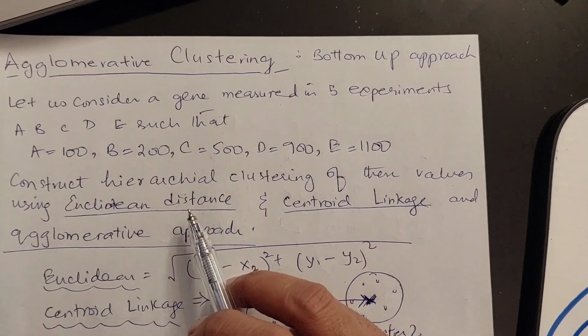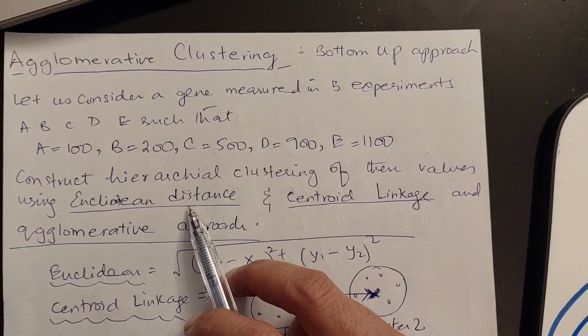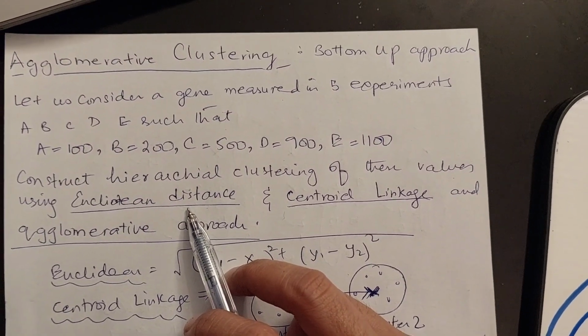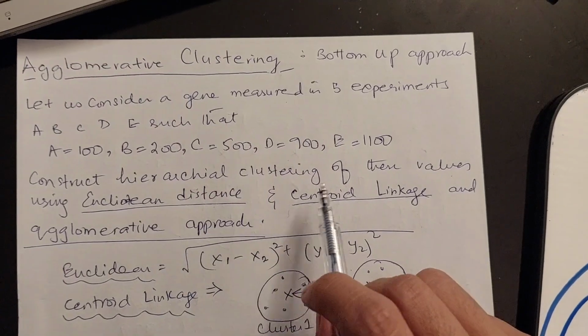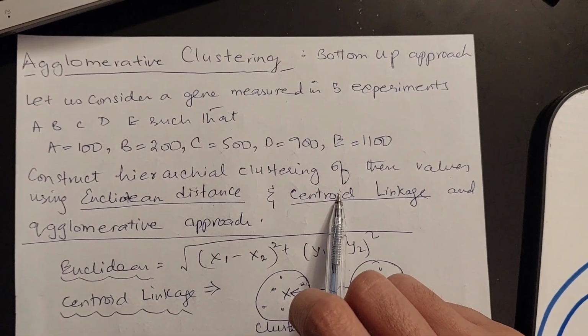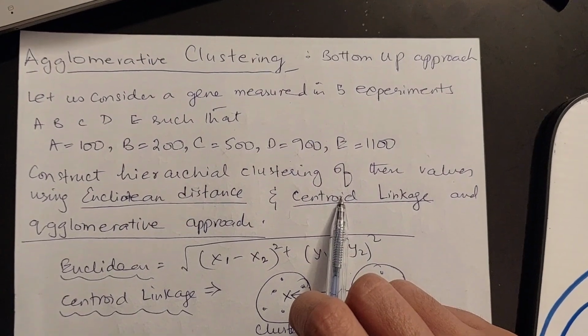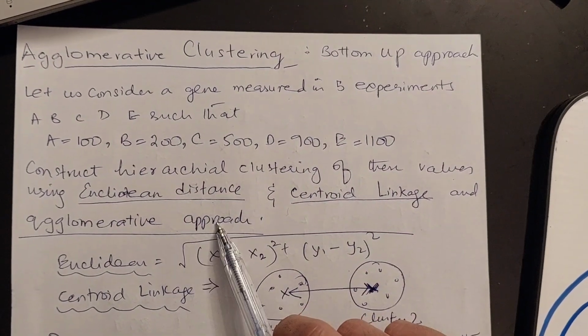If we are given in the question that we have to use Euclidean distance, then we will use Euclidean. Otherwise you can simply use city block distance. And you are asked in the question that you have to do the centroid linkage and agglomerative approach.